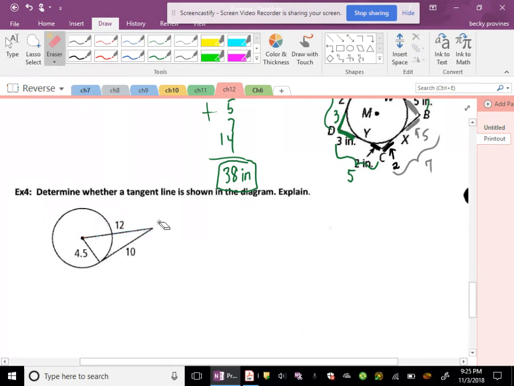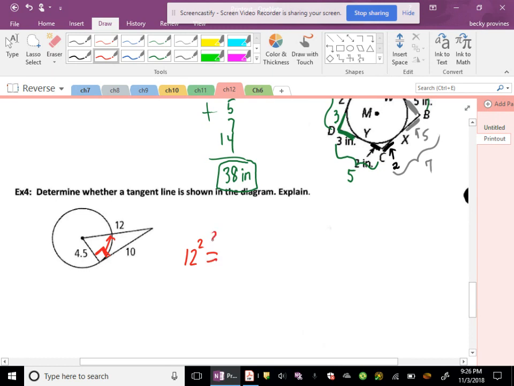On tests and stuff, I'm going to make sure it's super clear. Since this 12 is not centered on this exterior piece, I'm going to say that 12 is for the entire hypotenuse. Okay? So, if this is a right angle, that means the 12 is my hypotenuse.